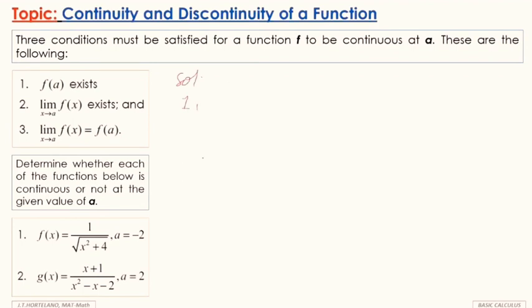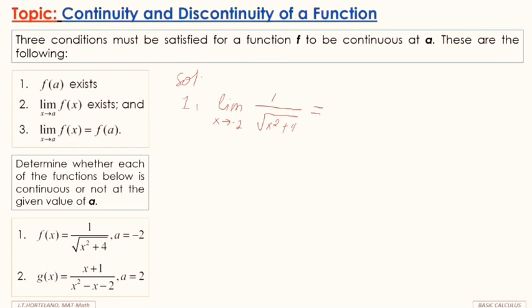Now, how do we write the limit of this function? We can transform this as the limit of f of x, where f of x is 1 over square root of x squared plus 4, as x approaches -2. Now, let's apply these three conditions.